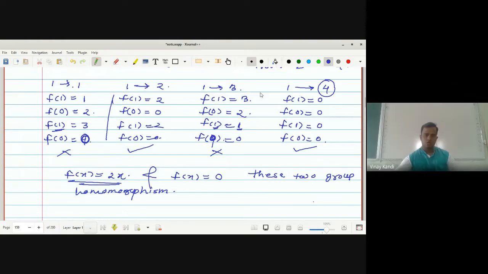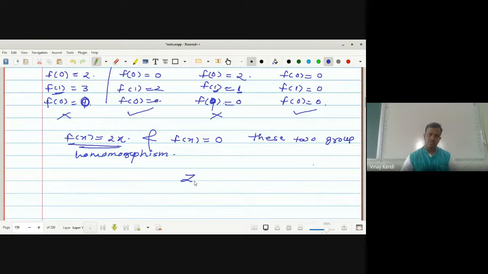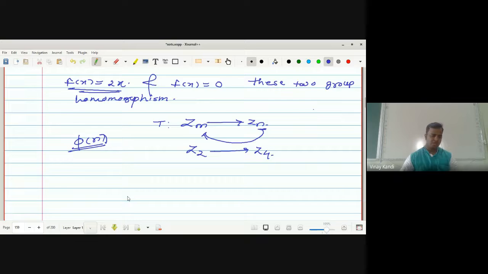Now, what did the note tell us? If n divides m, then the function from Zm to Zn, if this n divides this m, here what do you have, Z2, this is Z4. So there exist phi of n onto homomorphisms. And the third note, what was it?